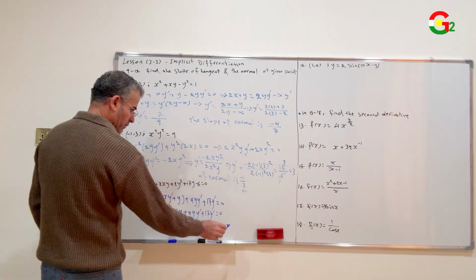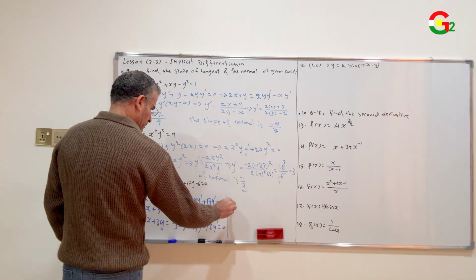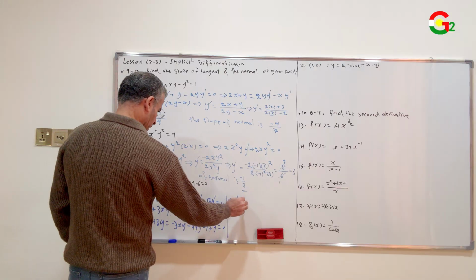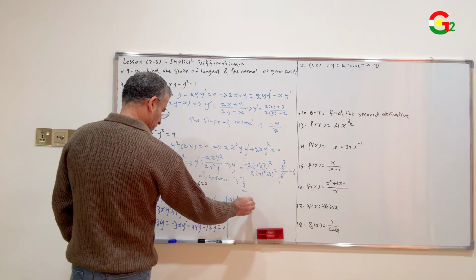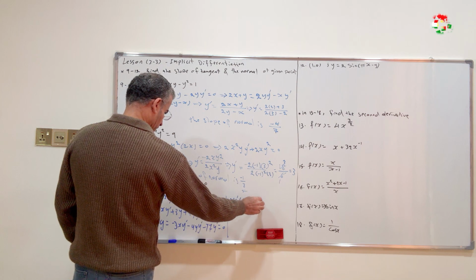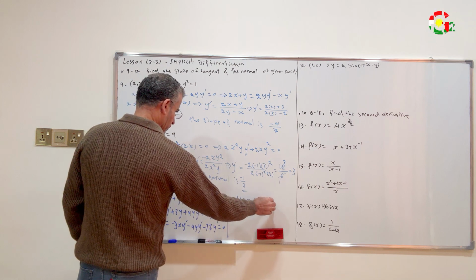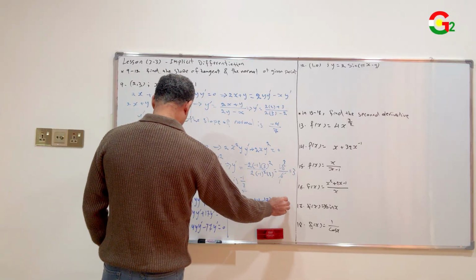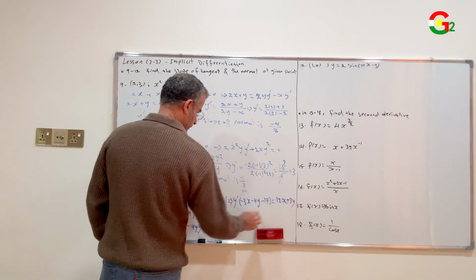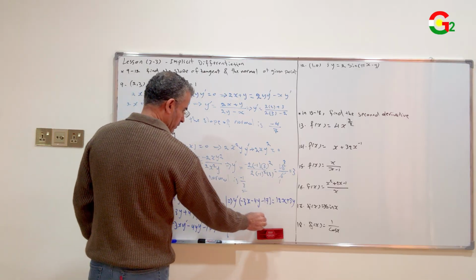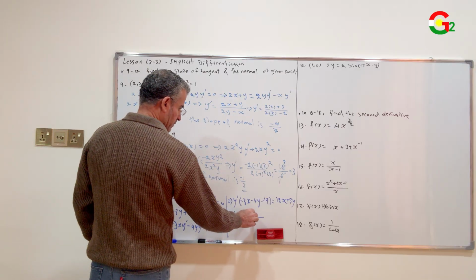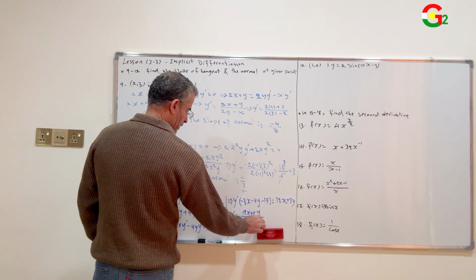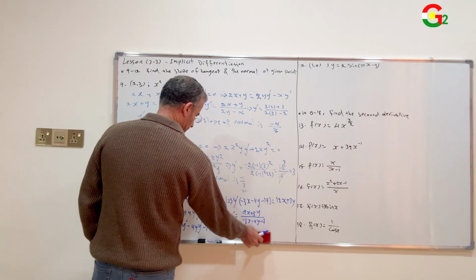Factorize by y prime, then negative 3x minus 4y minus 17 times y prime equal to 12x plus 3y, and y prime equal to 12x plus 3y over negative 3x minus 4y minus 17.